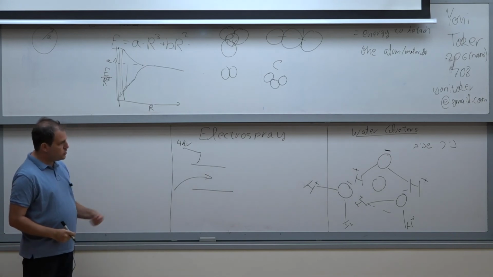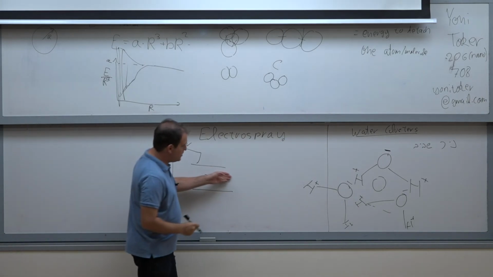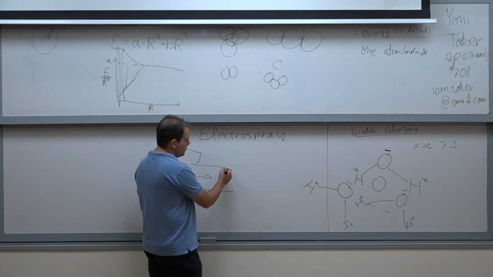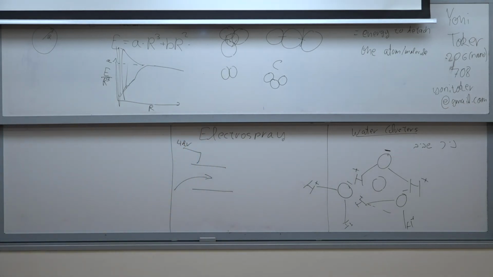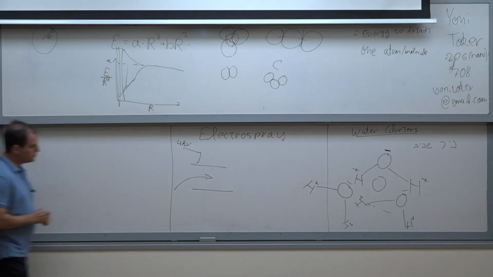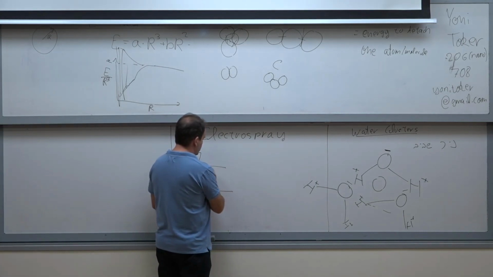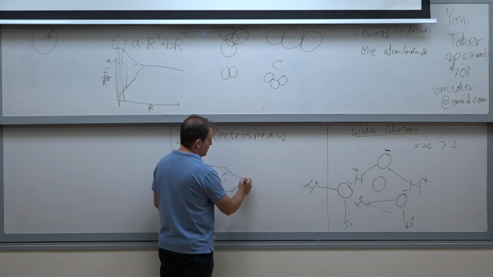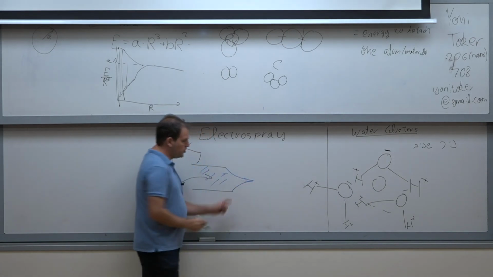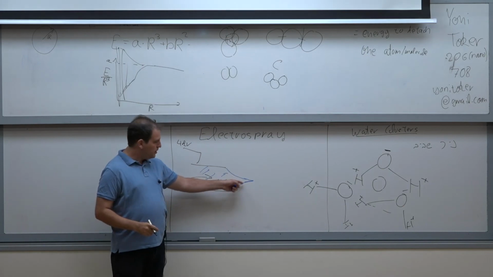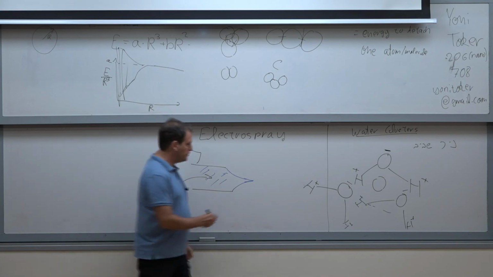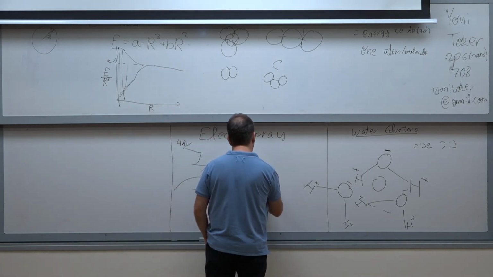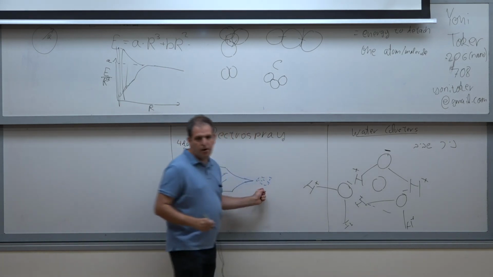This voltage pushes the water in this direction, but because of the surface tension of the water, the water becomes like a cone in the middle, and from the tip of the cone you get droplets.